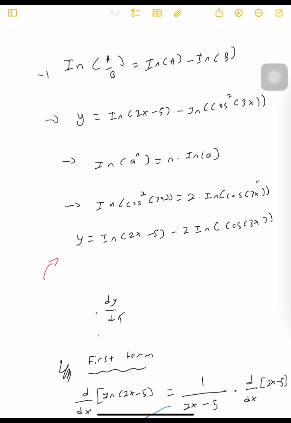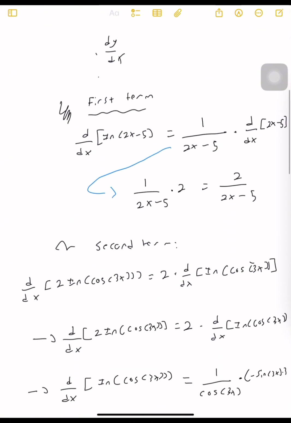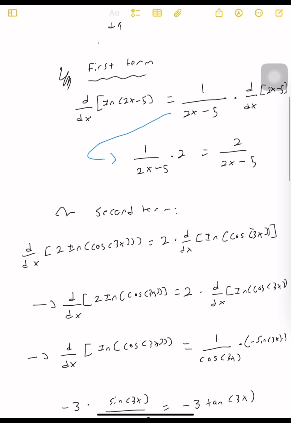Now let's substitute that back into our equation, which is y equals ln of 2x minus 5 minus 2 ln cos 3x. Now the function is easier to differentiate. So the second step is to find dy over dx. For the first term, d over dx of ln of 2x minus 5, the answer will be 2 over 2x minus 5.